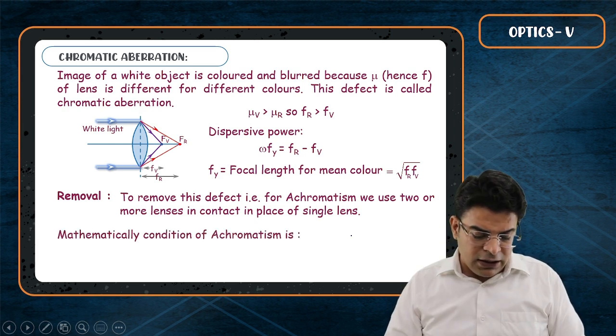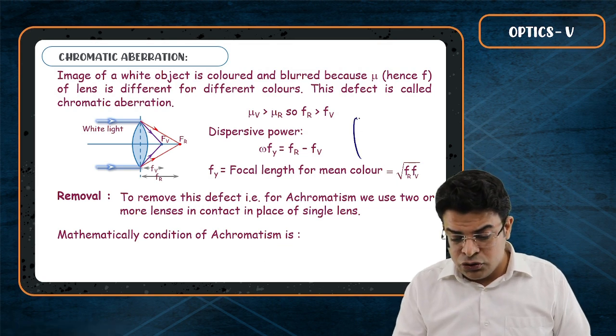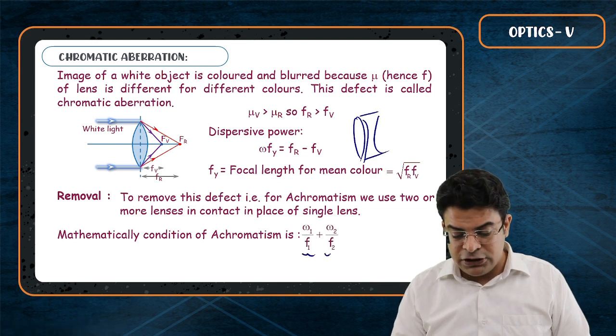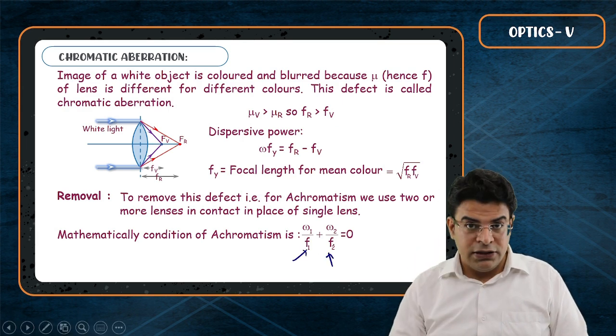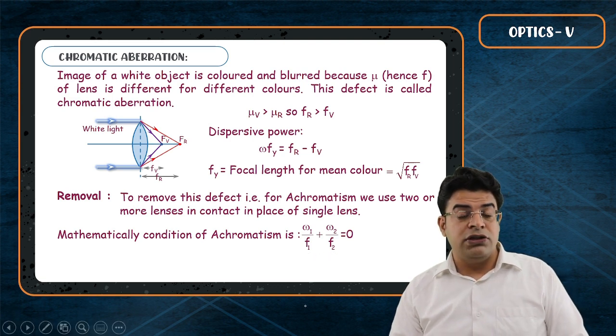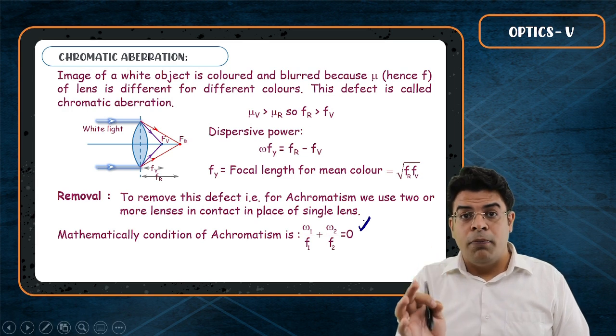And the mathematical condition for achromatism is that the two lenses chosen should be such that omega 1 by f1 plus omega 2 by f2 should be equal to 0. Here f1 and f2 are their mean focal length. So omega 1 by f1 plus omega 2 by f2 should be equal to 0, and this condition is called the condition of achromatic combination.